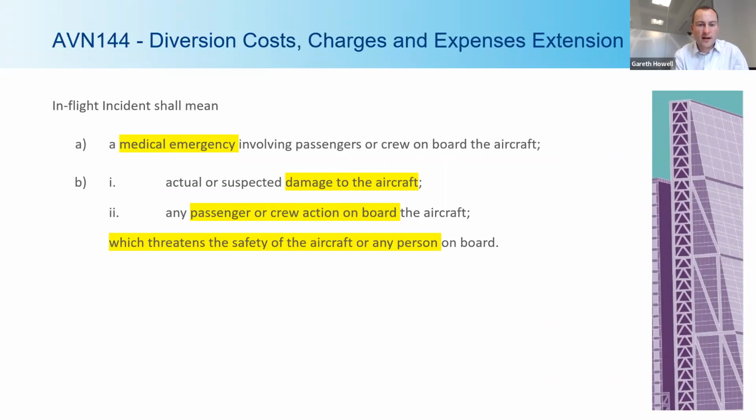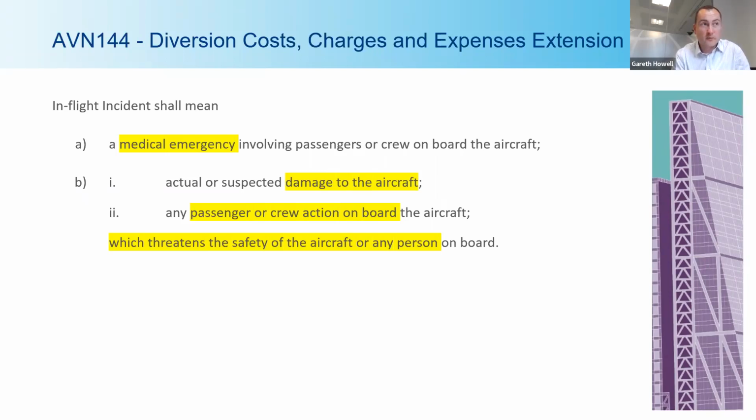And then the other element that may threaten the safety of the aircraft is passenger or crew action on board. So if you've got a disruptive passenger where, in the captain's opinion, that's threatening the safety of the aircraft, then if they divert to an unscheduled airport, then those costs will be covered by the AVM 144 clause.